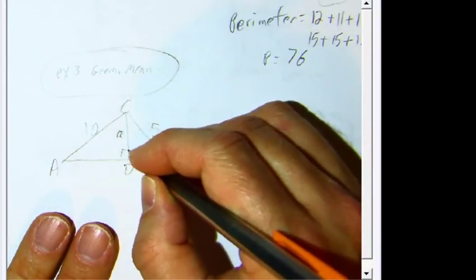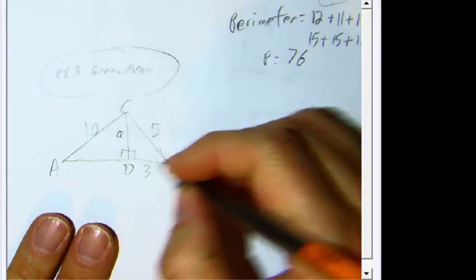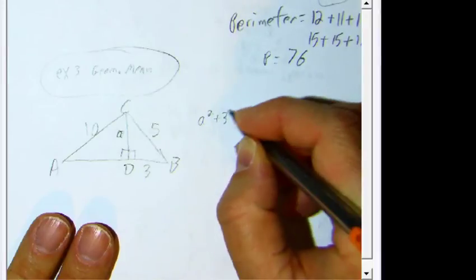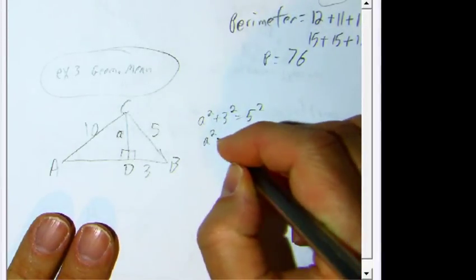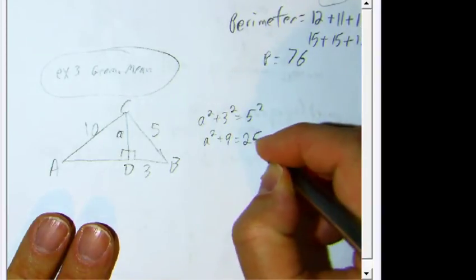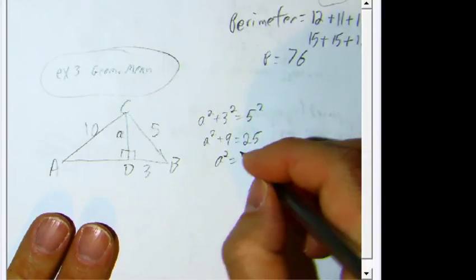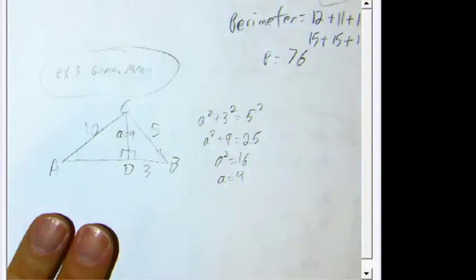Since this is a right angle here, that makes this a right angle here also. So then a squared plus 3 squared equals 5 squared. So then my a squared, I'll subtract and get 16, which makes a equal 4.